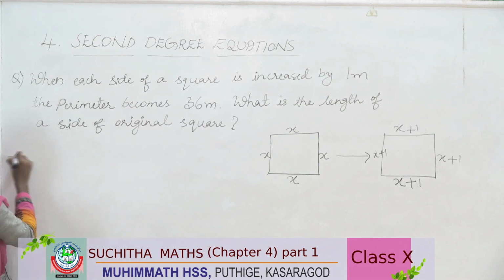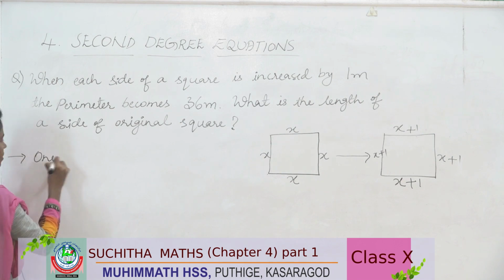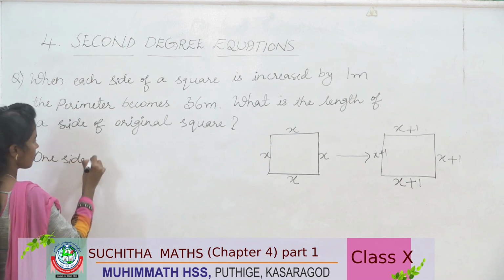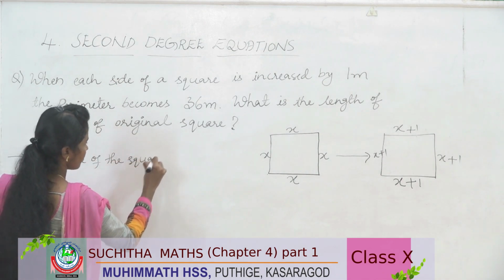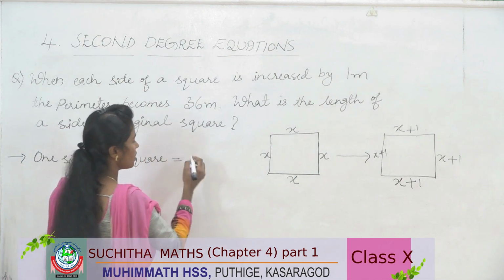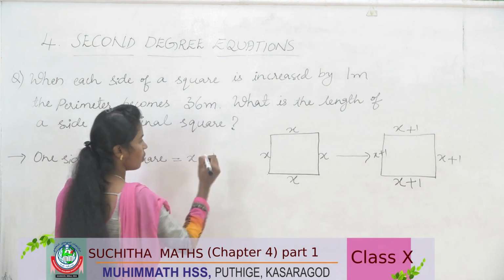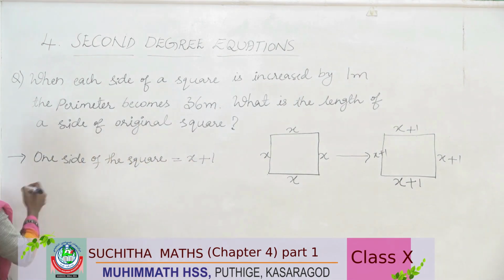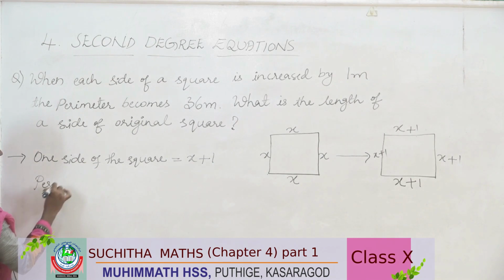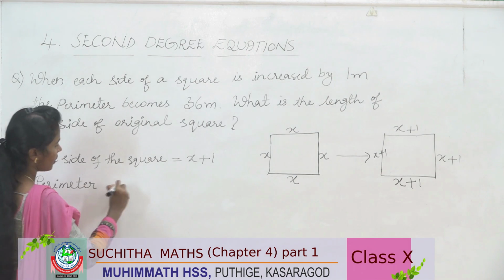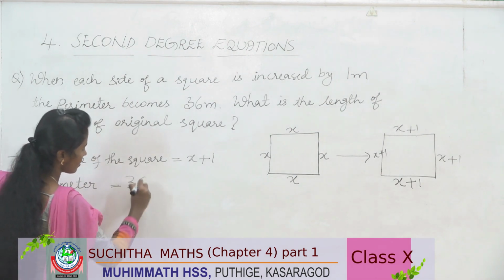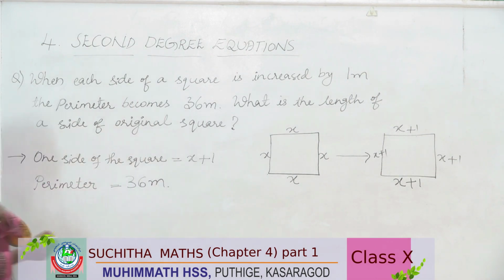Here one side of the square is x plus 1 and given perimeter equal to 36 meter. Then what is the equation to find out the perimeter of the square?